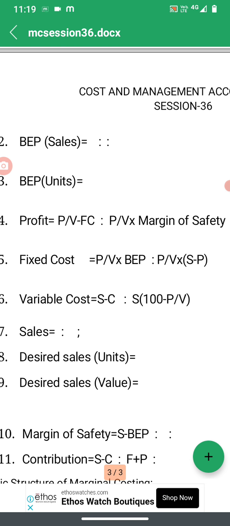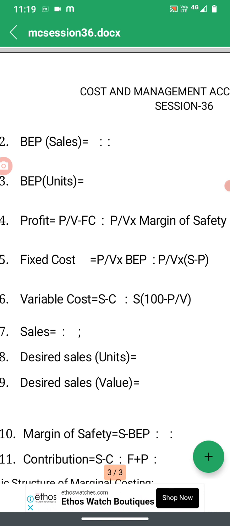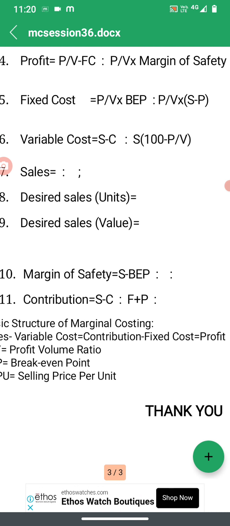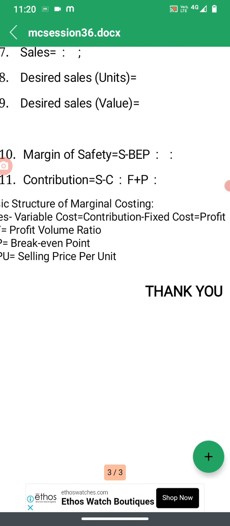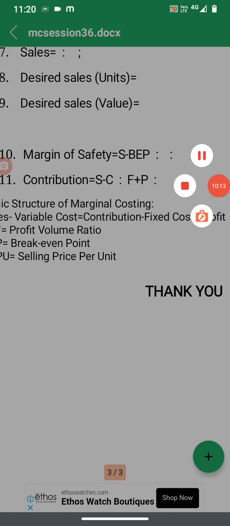So variable cost is sales minus contribution, or sales is equal to variable cost into 100 divided by 100 minus PV ratio. Okay, desired sales is also calculated like that. Margin of safety is actual sales minus break even point. Okay, so all these are some of the concepts related to marginal costing.